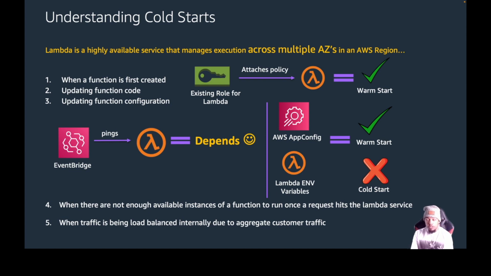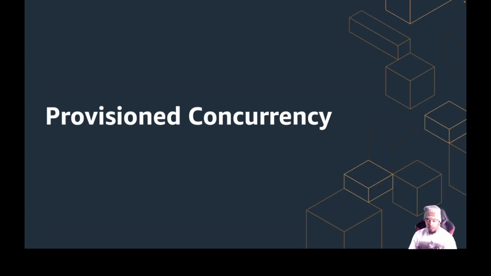Now, this Lambda could have been heavily used. It could be something that customers are using all the time. But if that event is triggered, then that function will be reaped. That environment will be reaped and it will be rebuilt in a separate availability zone, and you will experience a cold start even though you have given the function steady traffic. That's where provisioned concurrency comes into play.